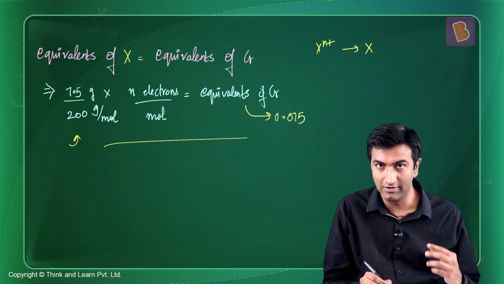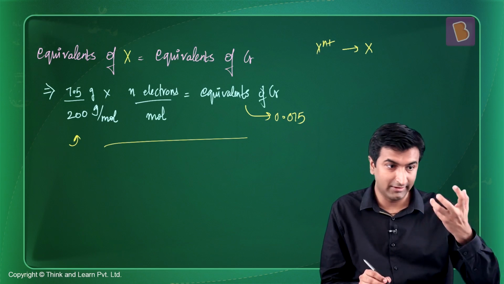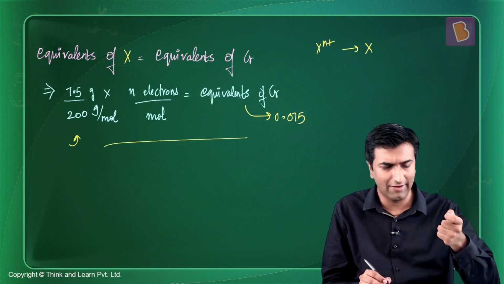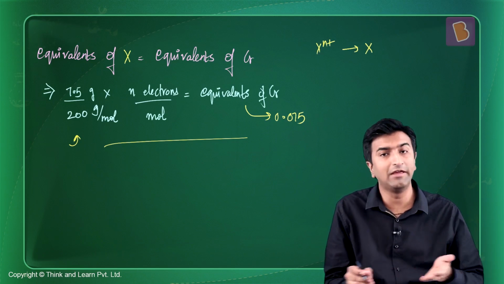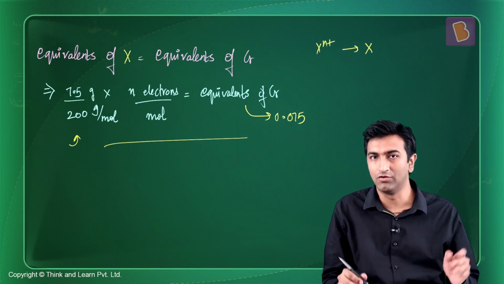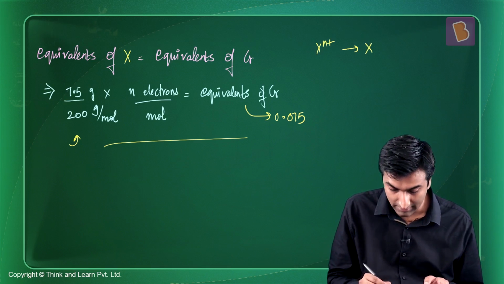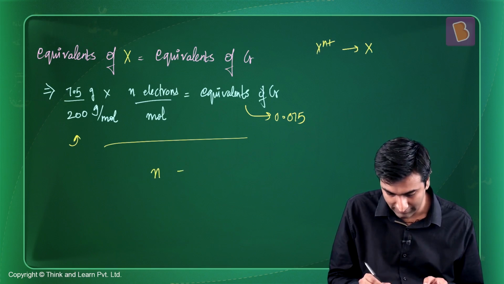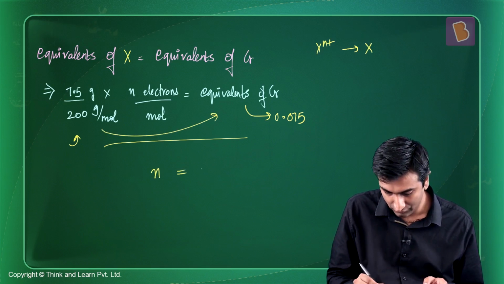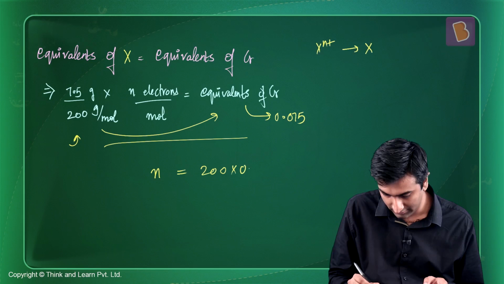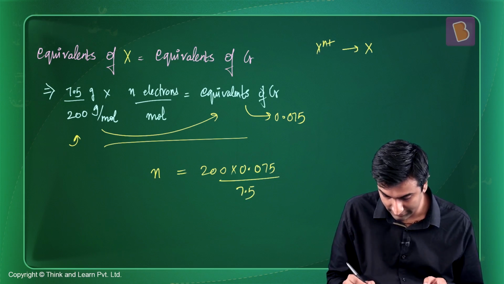So one variable, one equation. When we split this entire thing into 3 different parts, each having one variable per equation, it's a very, very simple thing to do. The n value simply is going to be, taking this to the other side, 200 times 0.075 divided by 7.5. I think this is a neat and nice number.